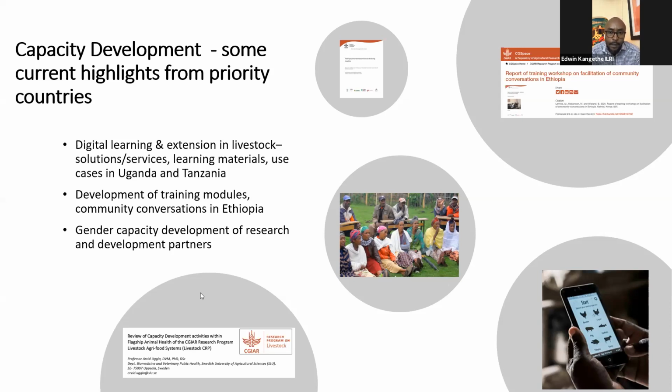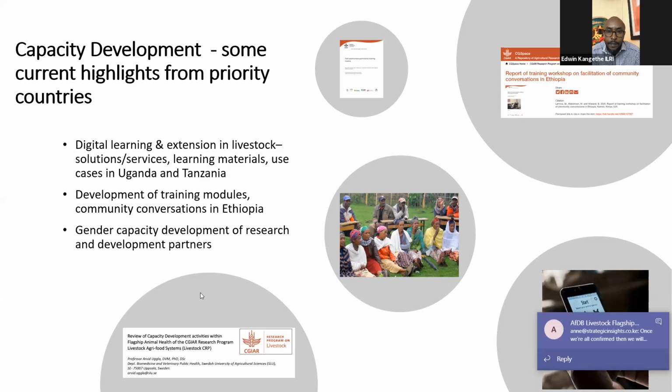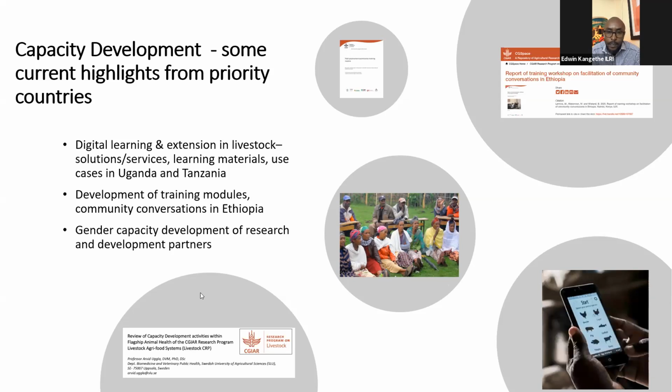The second element is around adapting materials from research work, be they journals, reports, or manuals, and we adapt these materials into user-friendly formats targeted at farmers or other value chain actors.